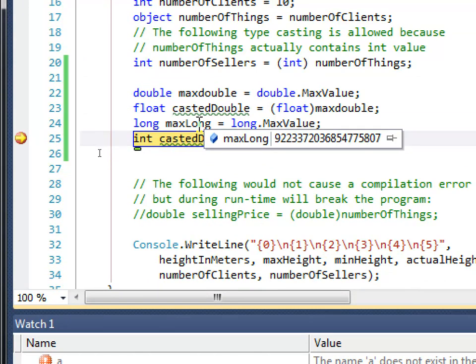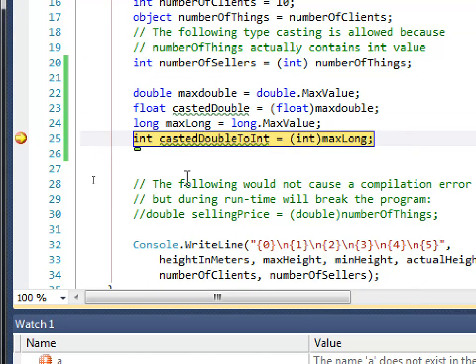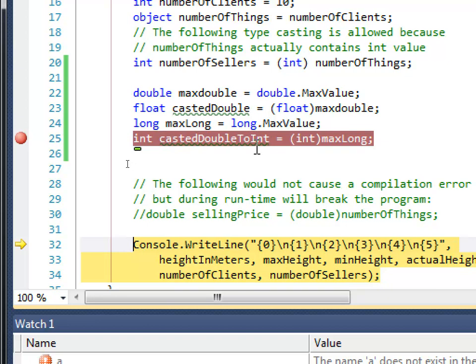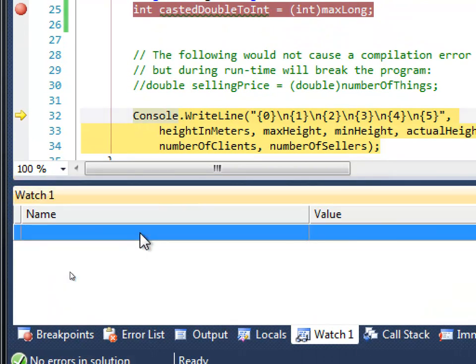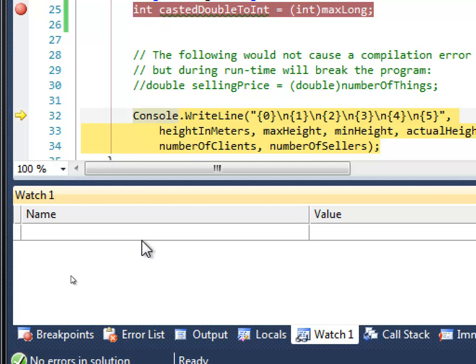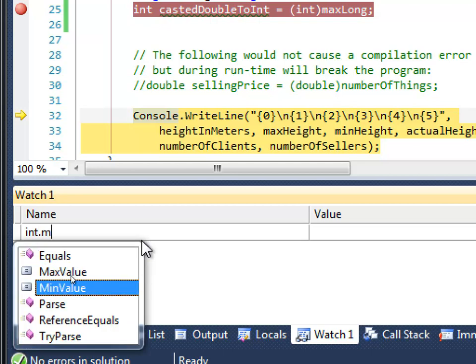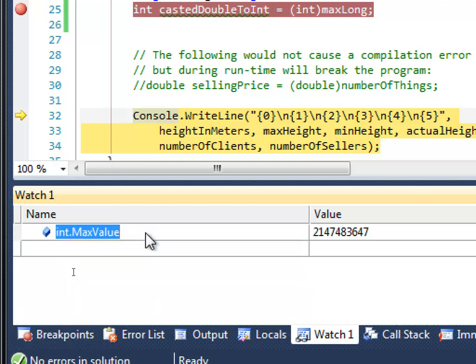So that's what we have here. We got an overflowed number. Yeah, what we got is an overflow. If we look at int.max value, what will this produce?